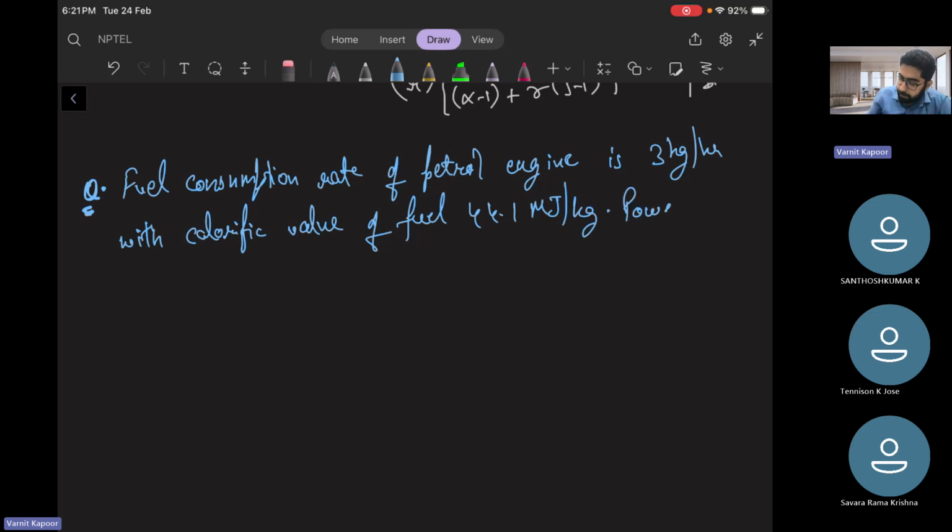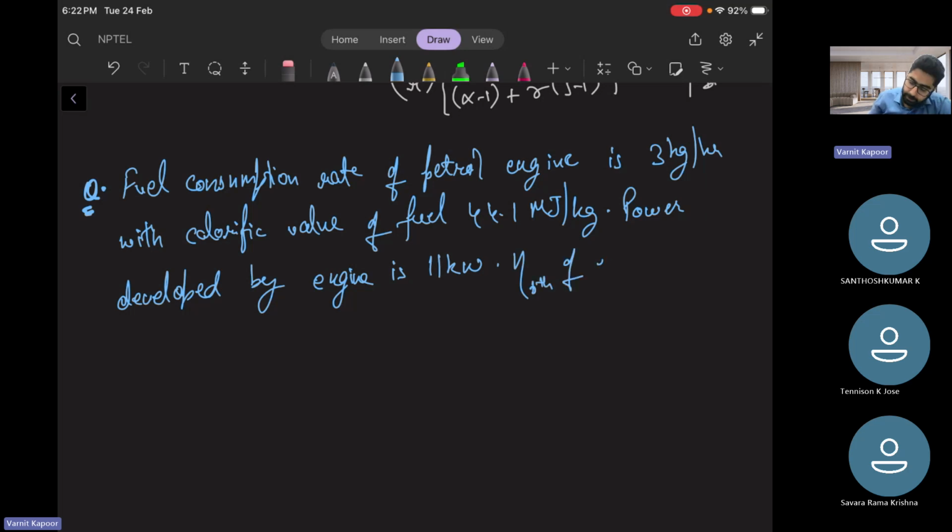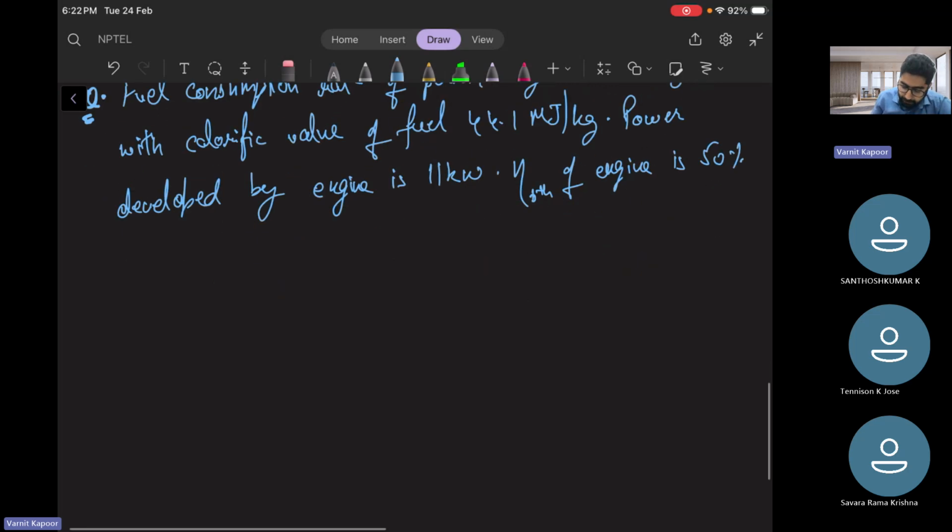Power developed by the engine is 11 kilowatt. Brake thermal efficiency of the engine is 50% of its air standard efficiency.